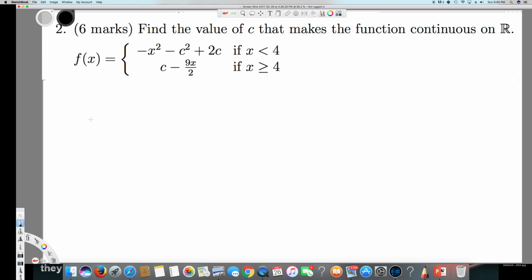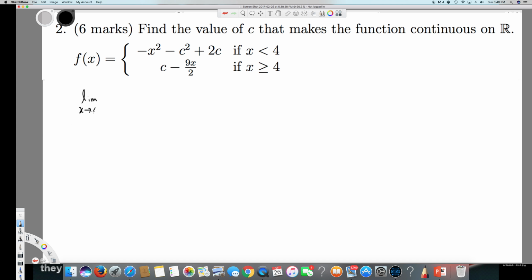The first thing we have to do, to find the continuous function, is to find the limit of this. So let's say this is the value 4.